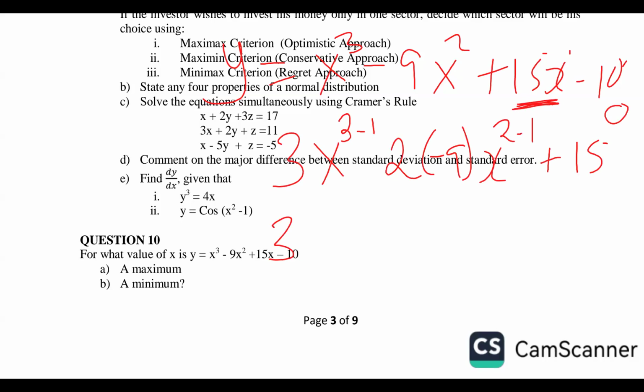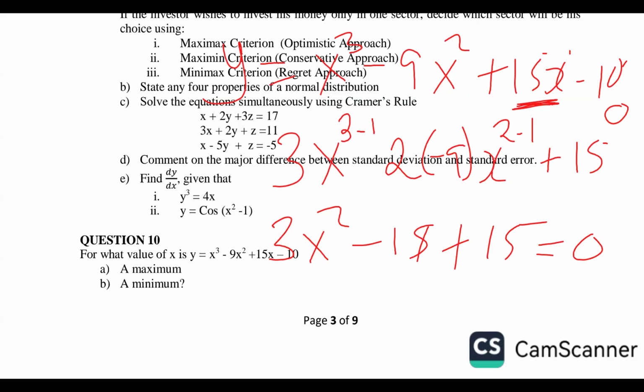So you have 3x squared minus 18x plus 15 equal to 0. This is our first derivative, and we have set it equal to 0. The next step is that we need to solve for critical values, the values of x. This is a quadratic equation.